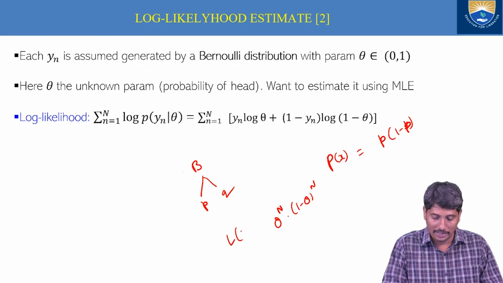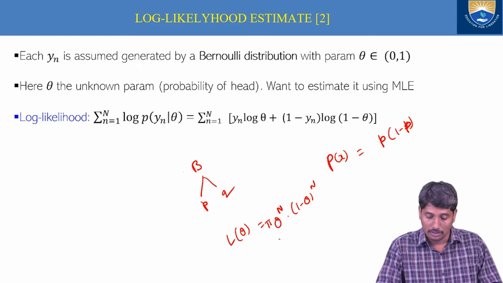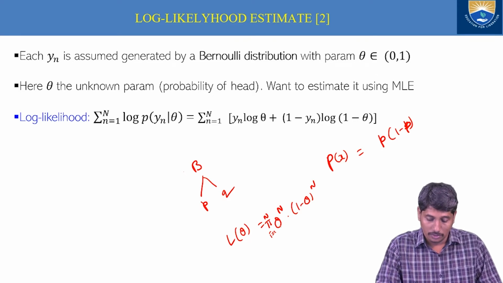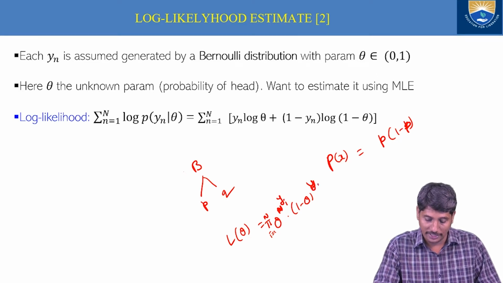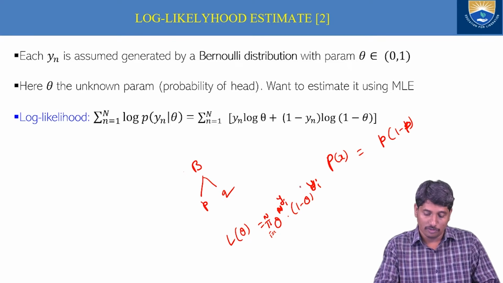This is the maximum likelihood function of theta for the Bernoulli distribution, product i equal to 1 to n of theta power yi into 1 minus theta power 1 minus yi.